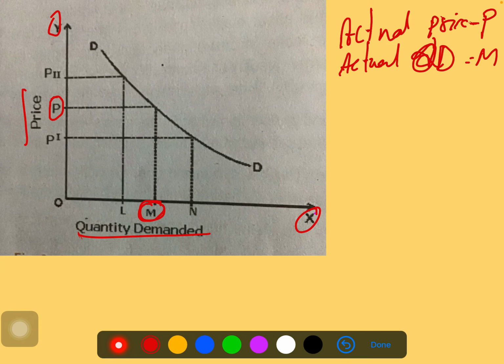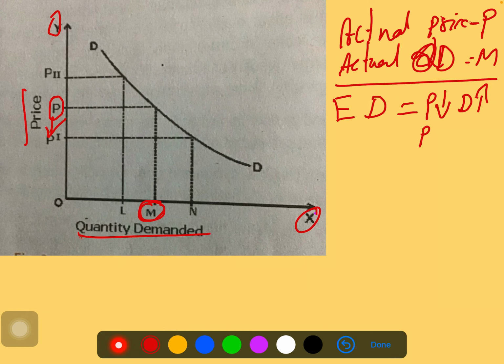So now let's talk about expansion of demand. In the case of expansion of demand, what is the situation? We already discussed: price will decrease, demand will increase. Now you can see the price is decreasing to P1. The price got decreased to this point, P1.